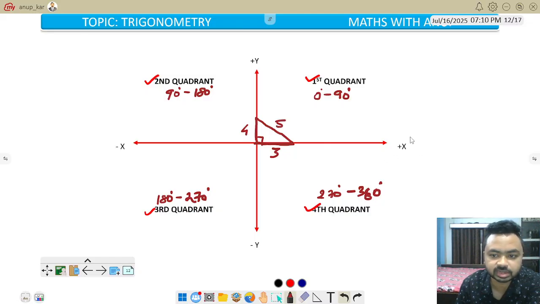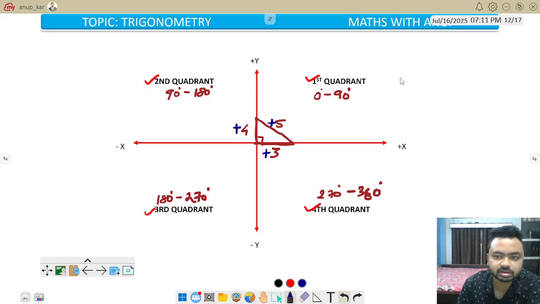This is the positive x-axis, so definitely it will be +3, +5 and +4. What I have taken here is a Pythagorean triplet. The base value is 3, the perpendicular value is 4 and the hypotenuse value is 5. So obviously all of the values will be positive.